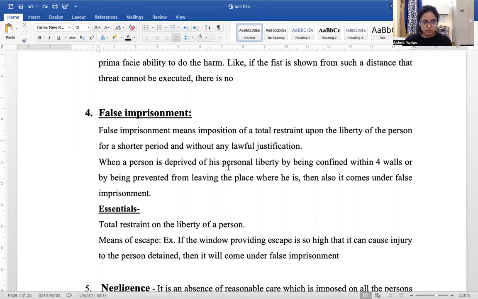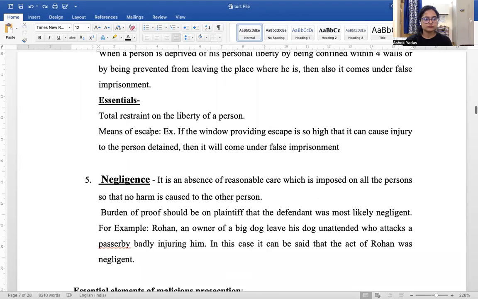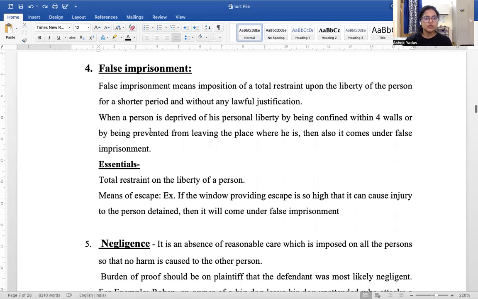Now, the next tort that we will study is false imprisonment. False imprisonment means imposition of a total restraint upon the liberty of a person for a shorter period and without any lawful justification.